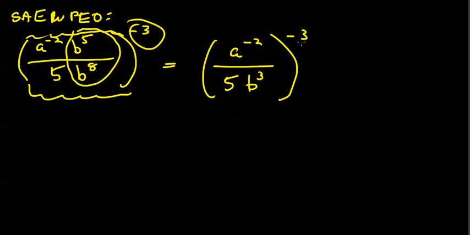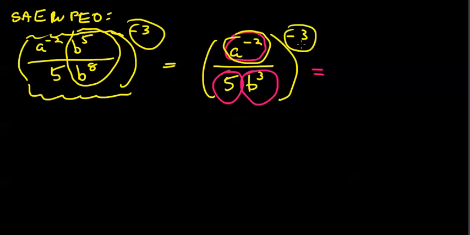What I'm going to do is say I've got 3 factors in this quotient, and I can distribute this outer exponent over all 3. Watch. A to the minus 2 power raised to the minus 3 power is a to the 6th power. Remember, power over power, you multiply the exponents.